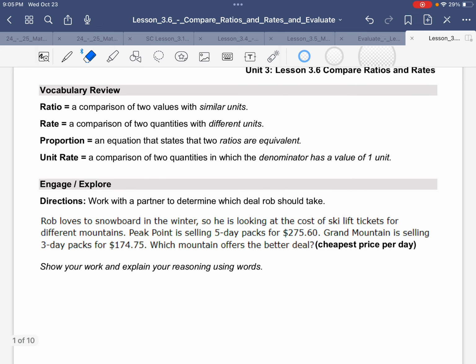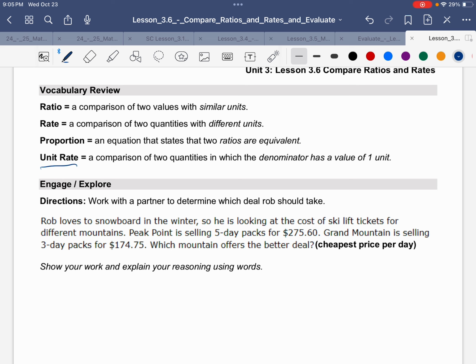So, ratio, rate, proportion, we've had those as vocabulary words in the past, and unit rate we've looked at before. But what we want to do is let's read it. It's a comparison of two quantities in which the denominator has a value of 1 unit.